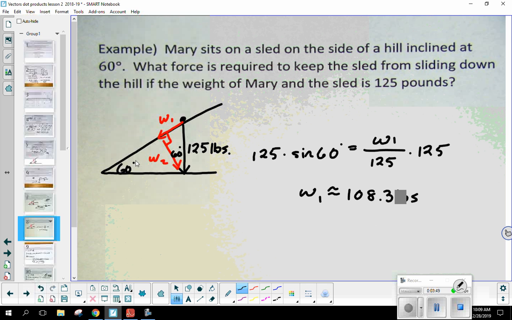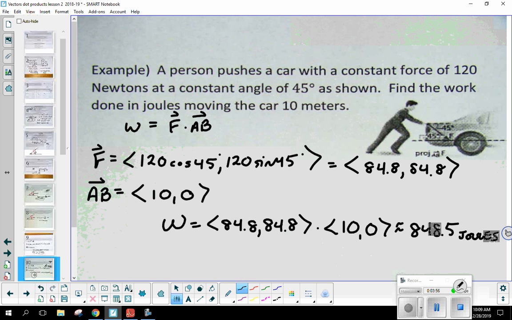The other word problem. So we simply take the dot product of the force vector and the distance vector, as shown here. And this gentleman would have performed 848.5 joules of energy, or work, I should say. Anybody go home and get that one?